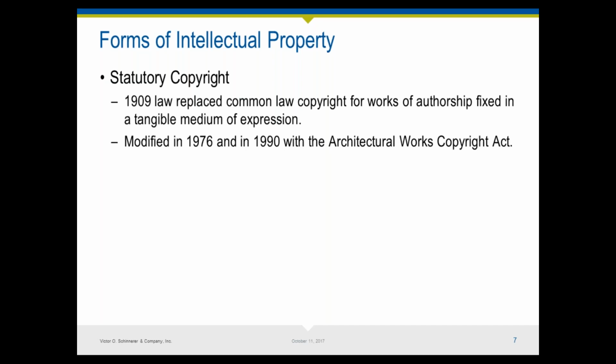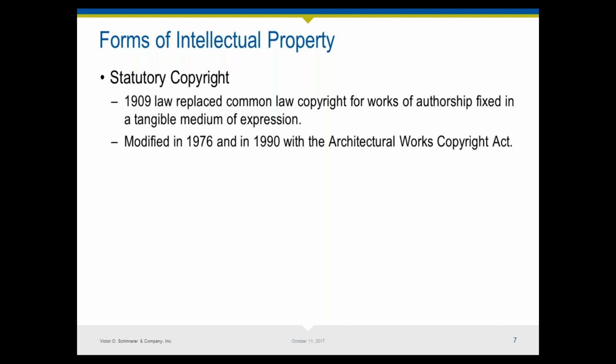The copyright law was changed significantly in 1976. This is known as the Disney version, where the Walt Disney company owners basically lobbied Congress to protect Mickey Mouse for many years. They did not want that to become part of the public domain. And it was changed again in 1990, mostly because international law, through something called the Berne Convention, was ahead of U.S. law on architectural works.